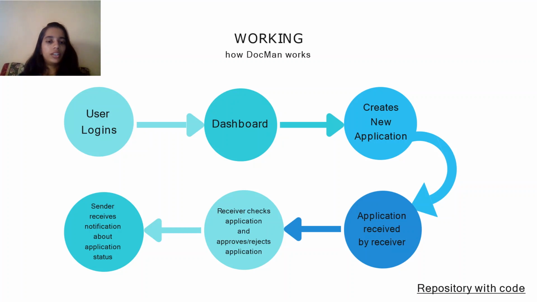So this is how the application will work. It will have different tabs like the dashboard, where I can see all the applications I received. In the profile, I can see all the applications which I sent, all my personal details, my service book, and other details that are maintained by the department for their employees.